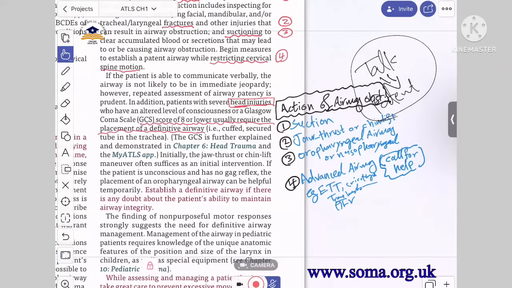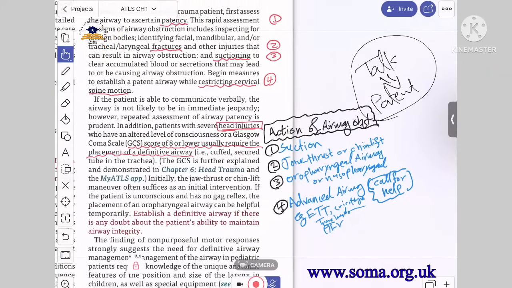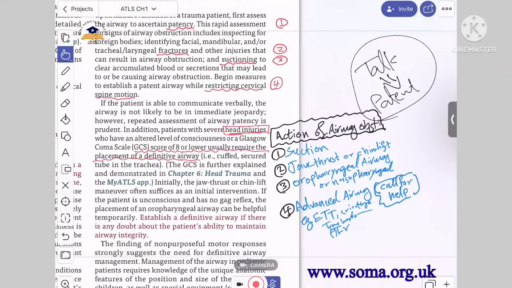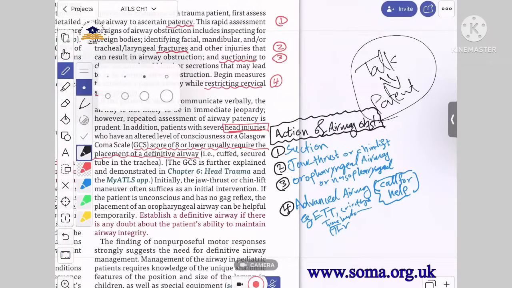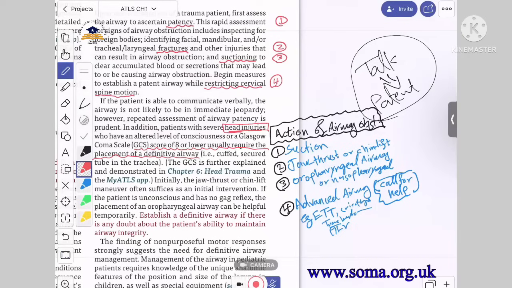Let me say the action if you have an airway problem. If you have suspicion of an airway problem, what will you do? Later on, we will speak about basic airway and advanced airway.